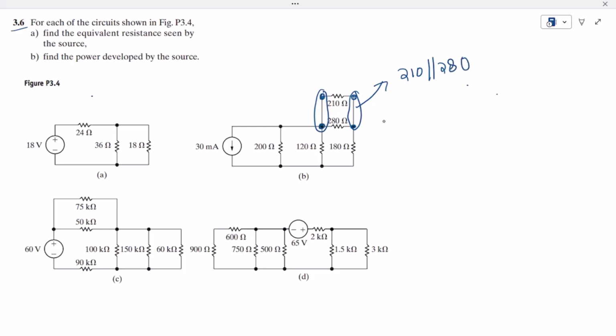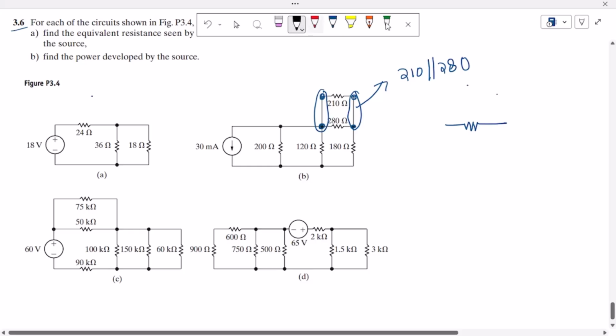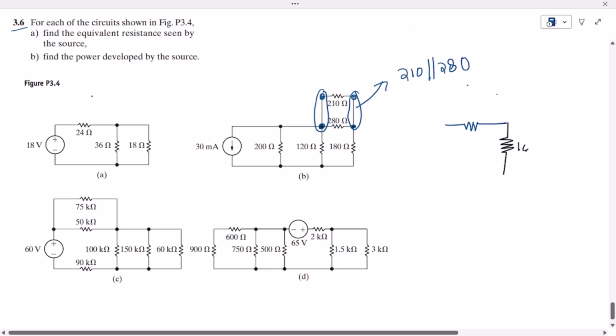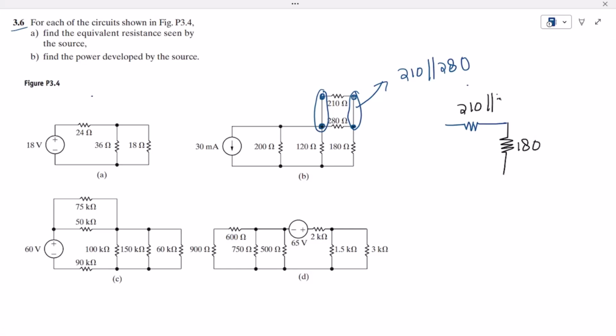Once we find the equivalent of it, it will be connected in series with this 180, and then there is this 120 ohm.